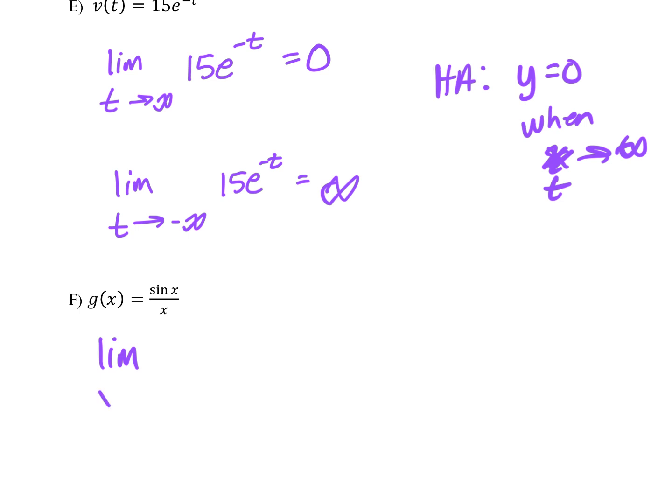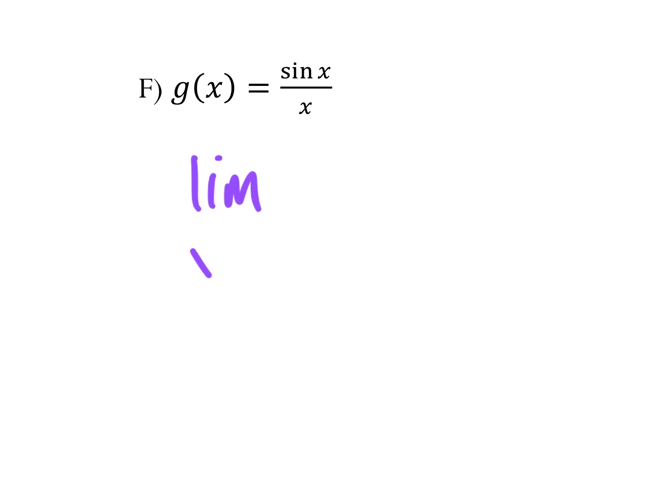Because this next one's really good. What's the problem with this one? Sine of x can't be more than 1. Sine of x can't be bigger than 1, can't be smaller than -1.